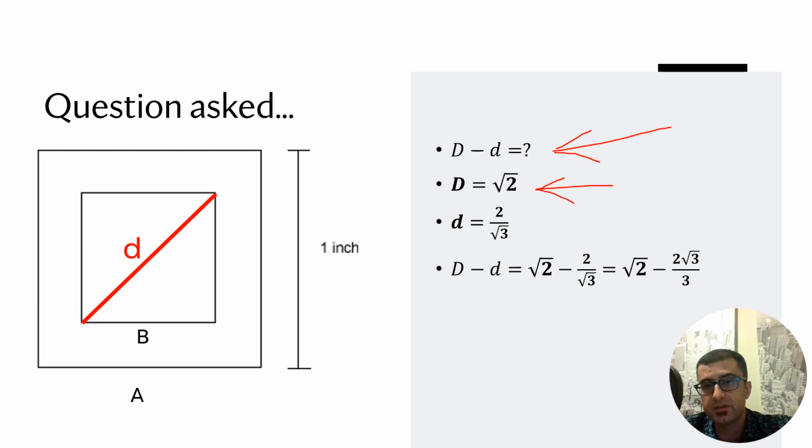Capital D was calculated two slides prior to this one, and also small d.